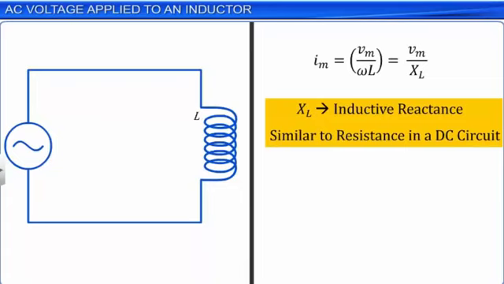This inductive reactance is directly proportional to the inductance L of the circuit and the frequency of the current or voltage. Inductive reactance is equal to 2 pi L f, which is equal to omega L, since 2 pi f is equal to omega.